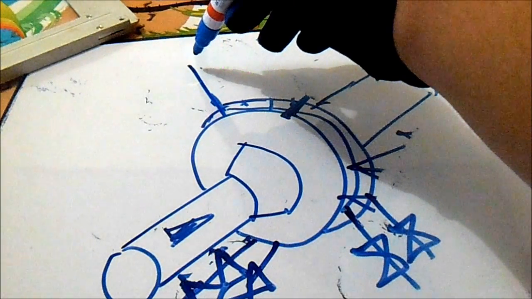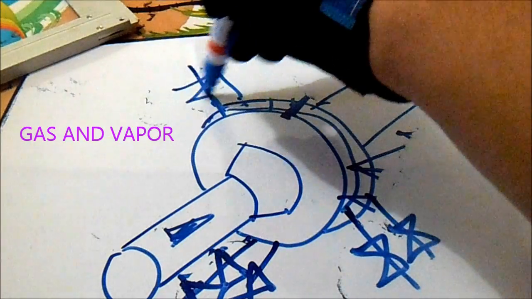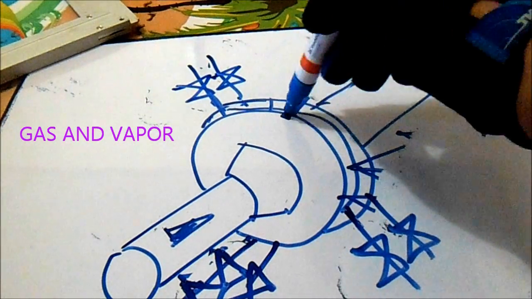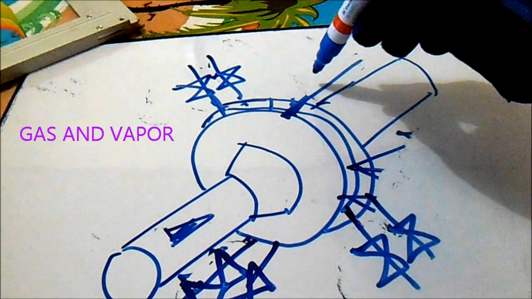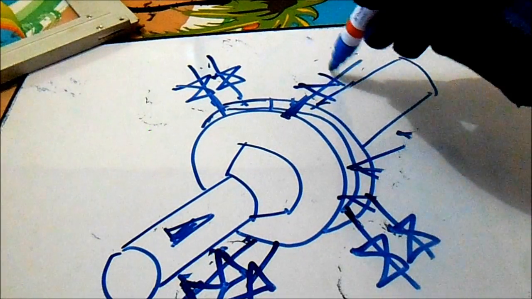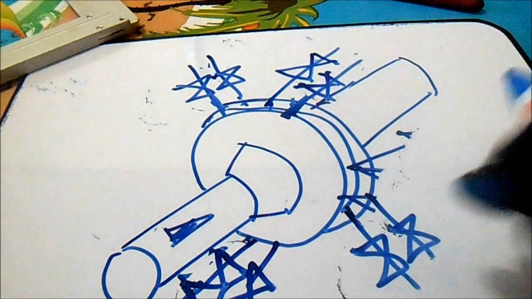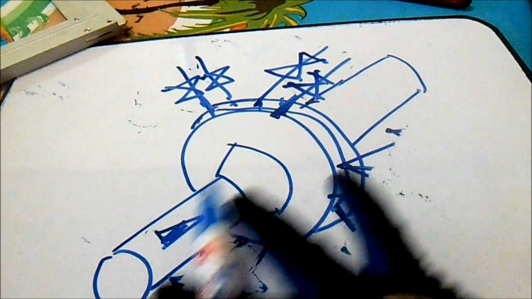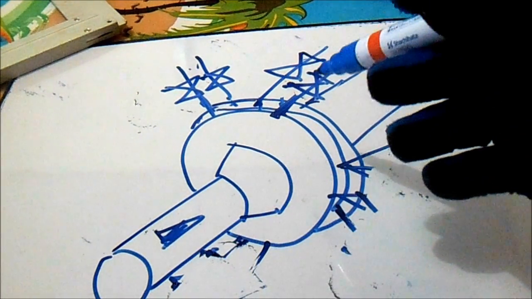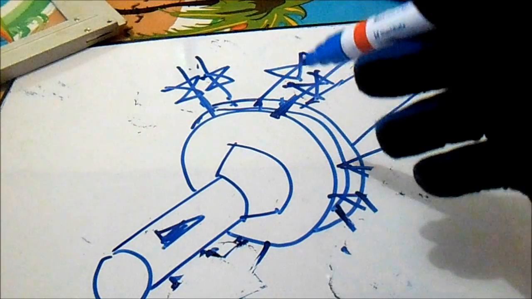So this is for gas and vapor from the top, 45 to 30 degrees, and another one bulb. So this is for gas and vapor.